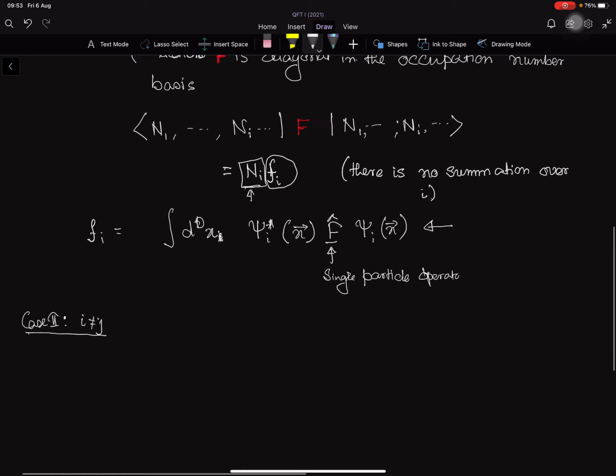In the i not equal to j case, the occupation number ni is reduced by 1 and the occupation number nj increases by 1.